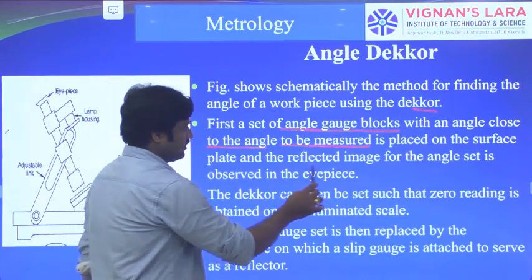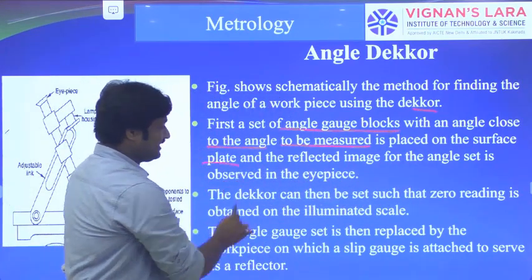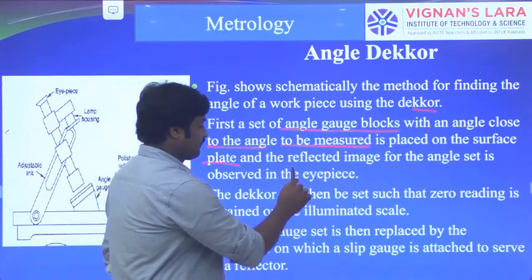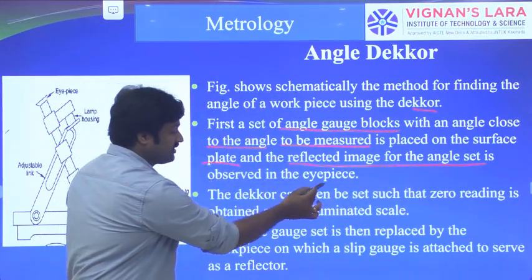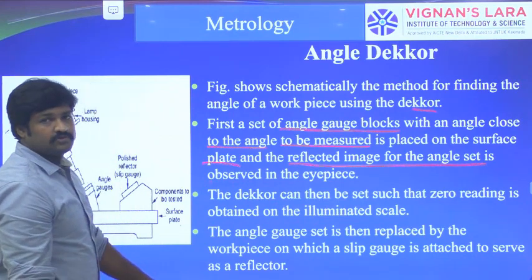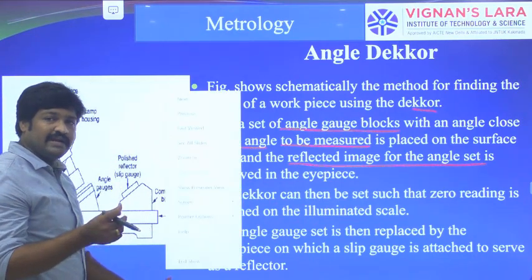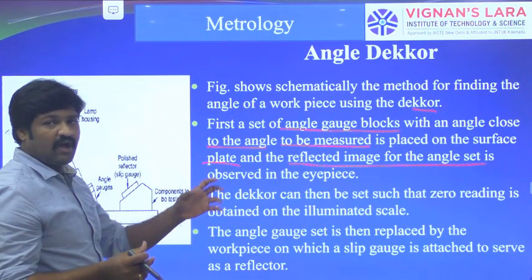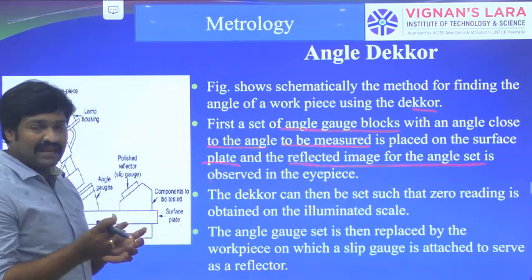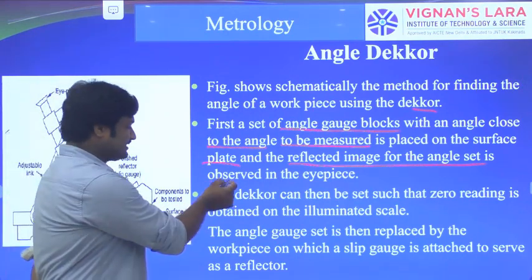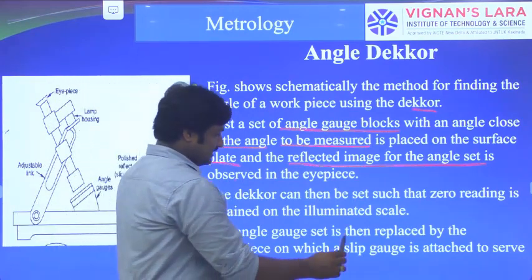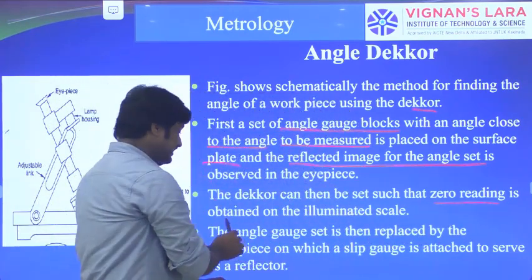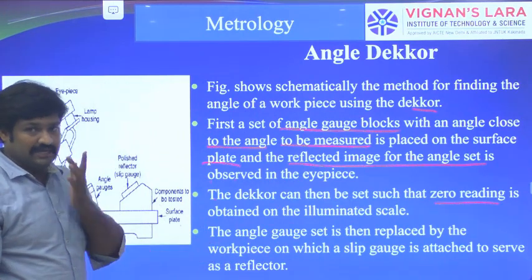On the surface plate is placed, and the reflected image of the angle is observed in the eyepiece. So we are identifying the angle of the angle gauges. Next, the angle Dekkor can then be set such that zero reading is obtained on the illuminated scale.